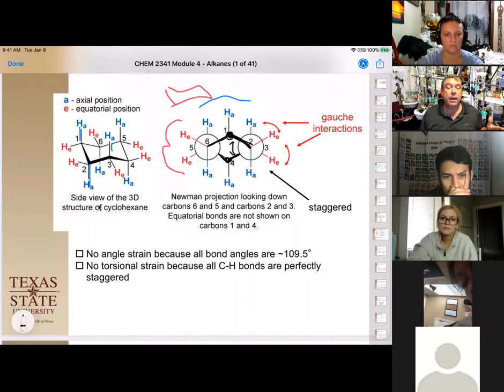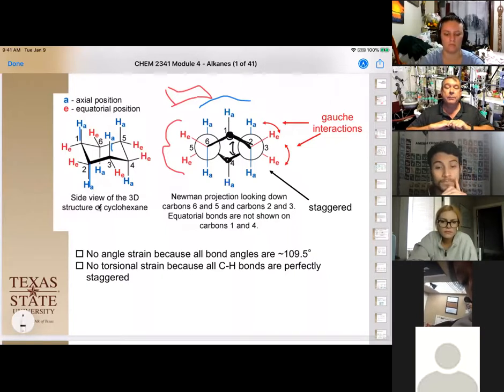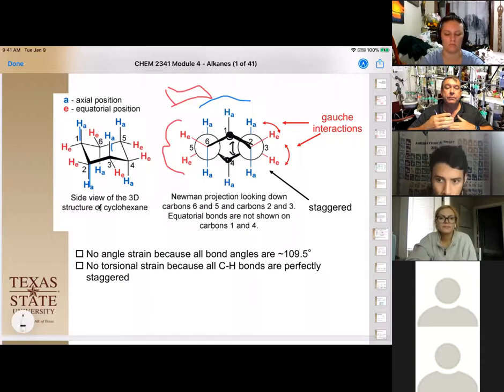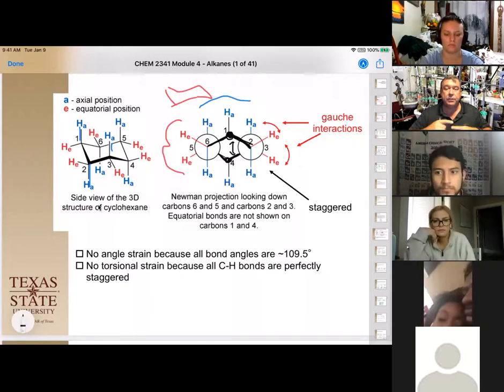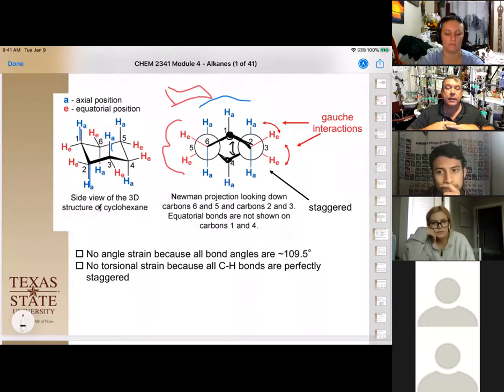Okay. Now, it's gauche, but there's no way we can draw cyclohexane where we don't have at least one gauche configuration. But as we go through the different rotations, we're going to end up going through different overlapping positions where we have the eclipse positions where carbons are eclipsing each other, and those are the higher energy states.